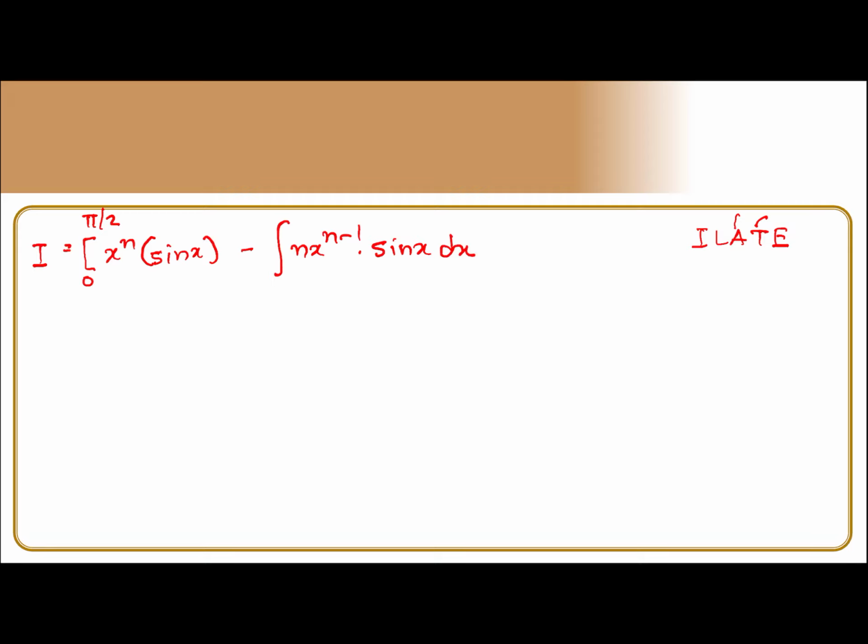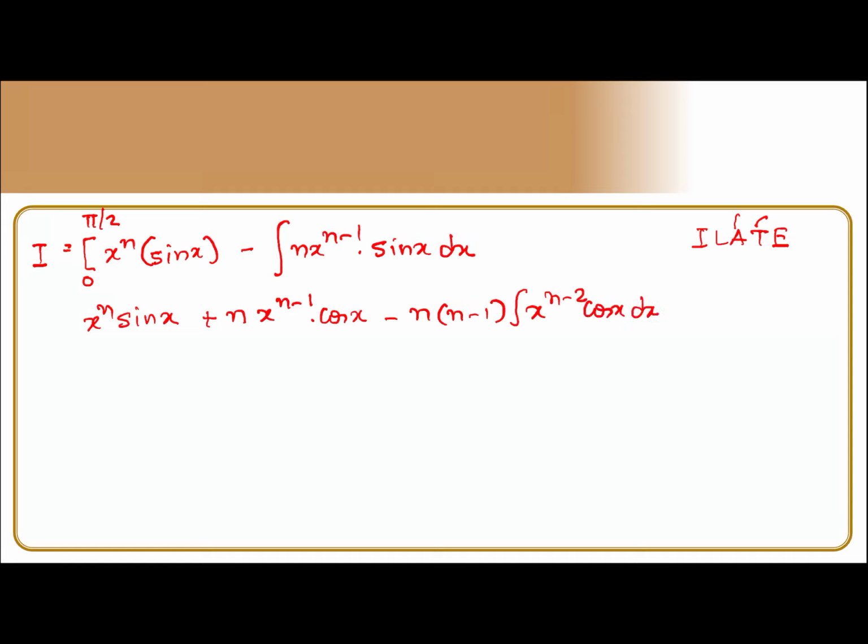Okay, again we do it. So again what we get is x to the power n sin x will remain as it is. So next time we get minus n, minus plus will come, because n into x to the power n minus 1 into cos x minus n into n minus 1 into integral x to the power n minus 2 cos x dx.